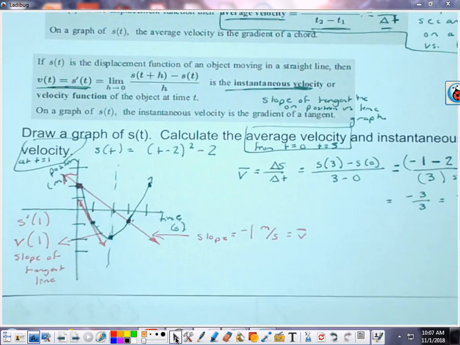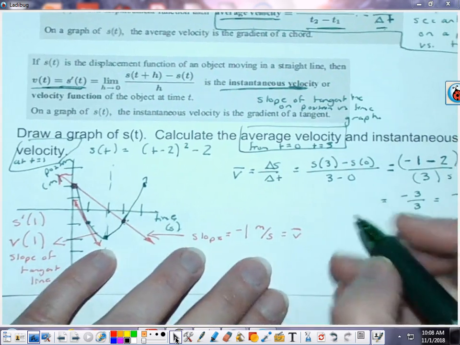But when you go on a trip, are you always exactly on 50 miles per hour? No, you go up and down, up and down. So there's a difference between what your speedometer reads and what you do on average, and that's the difference in what we're finding here. How fast our particle is going at that second versus what's the average over some period of time. And for the instantaneous, we need the derivative.